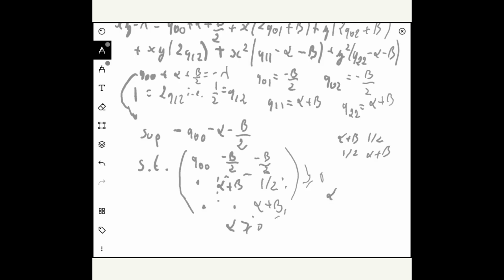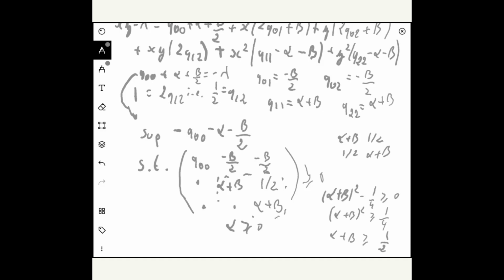If we calculate the determinant of it, we have alpha plus beta squared minus 1 over 4 should be superior to 0, which means alpha plus beta squared should be superior to 1 over 4, which means alpha plus beta should be superior to 1 over 2 by taking the square root of it.